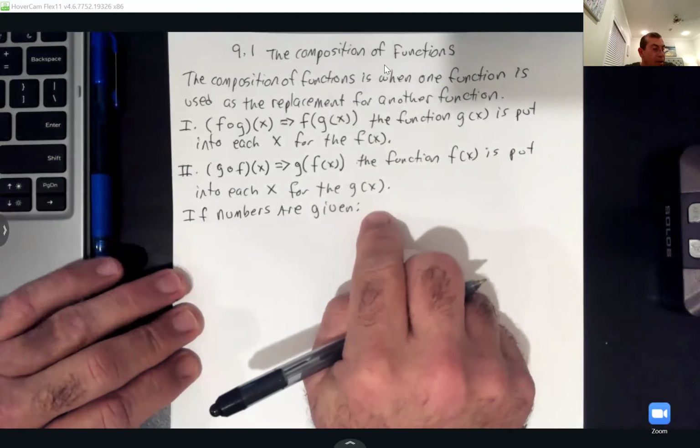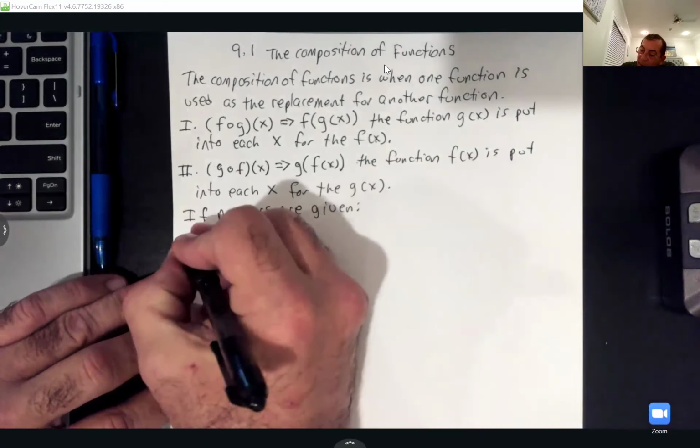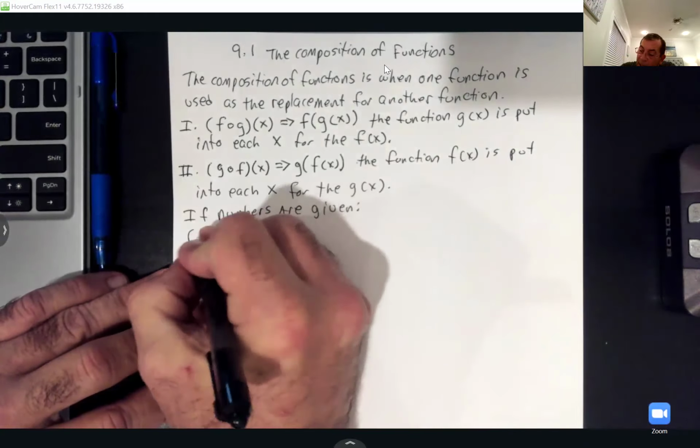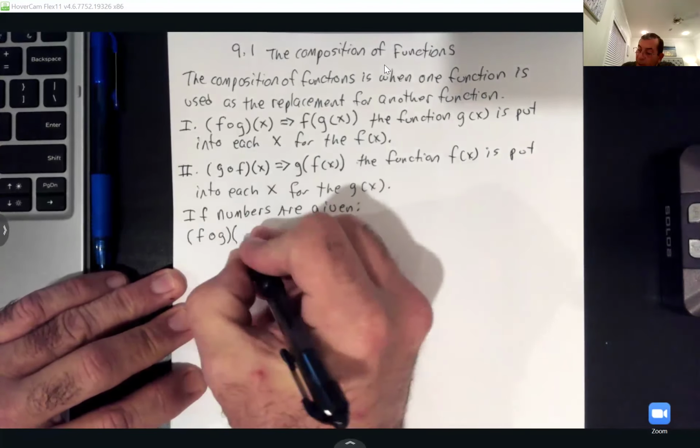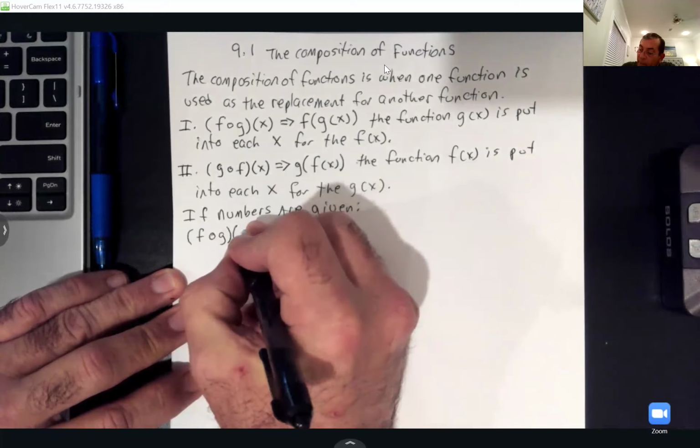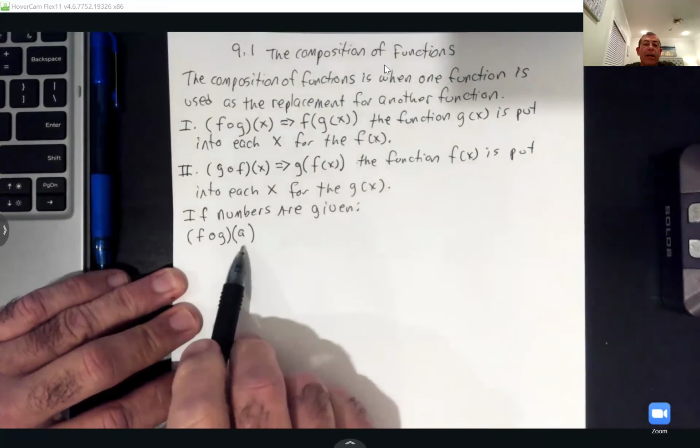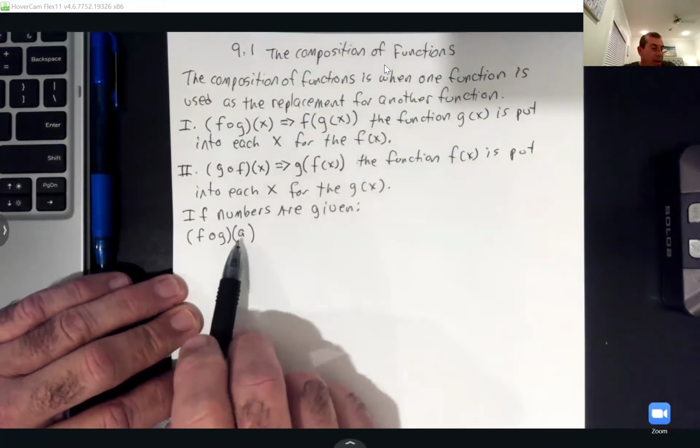So if numbers are given, and I'm doing, say, F of G of some number, so we'll let A represent any number, okay?